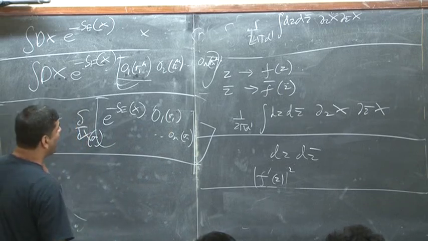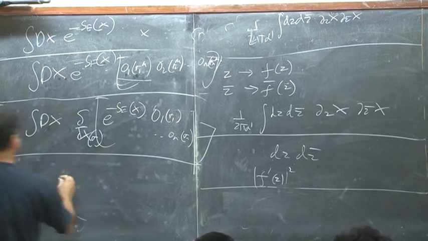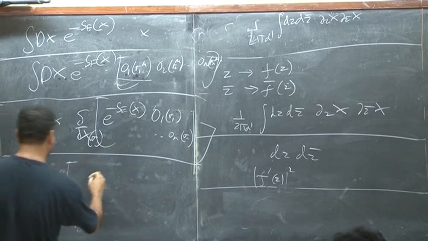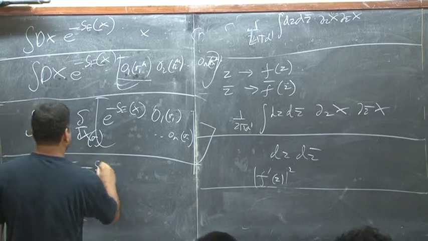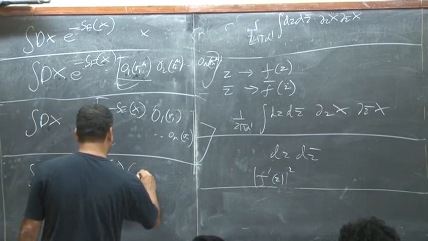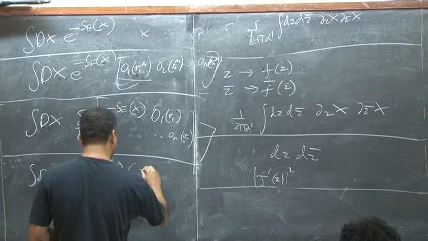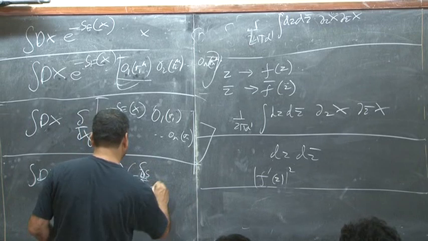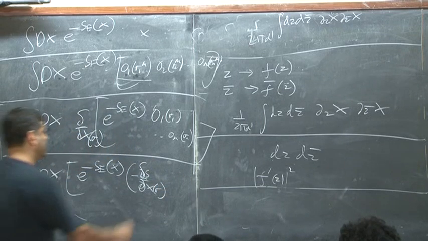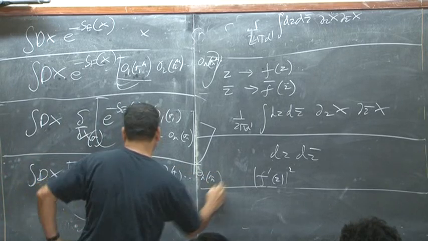On the action we get e to the power minus S of x times minus delta S by delta x of sigma times O1 of sigma 1 through On of sigma n.